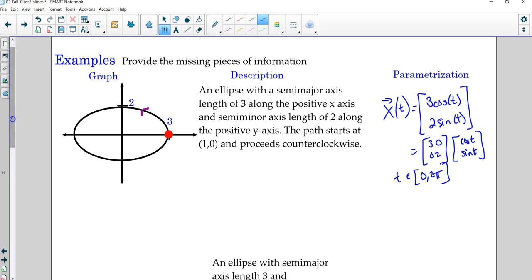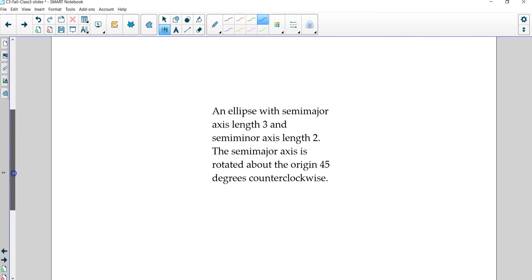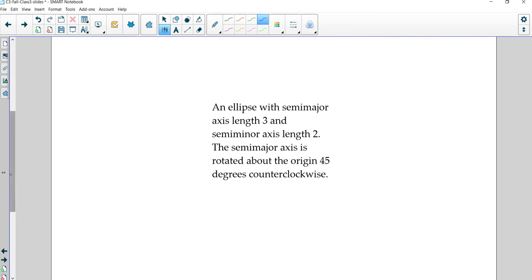All right, next one. This time we're given a description, and we need to generate both the graph and the parameterization. So it says an ellipse with semi-major axis length 3 and semi-minor axis length 2. The semi-major axis is rotated about the origin 45 degrees counterclockwise, and it's assumed it's from the x-axis.